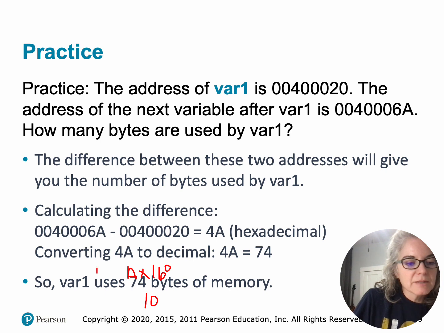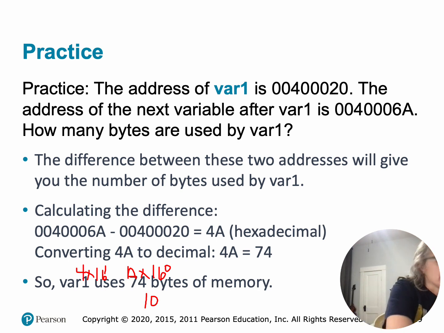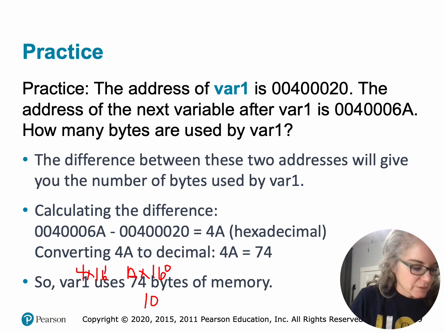And then this would be 16 to the power of 1, and that's times 4. 16 to the power of 1 is just 16. 16 times 4 equals 64, so this here equals 64. 64 plus 10 is 74. So var1 uses 74 bytes of memory.